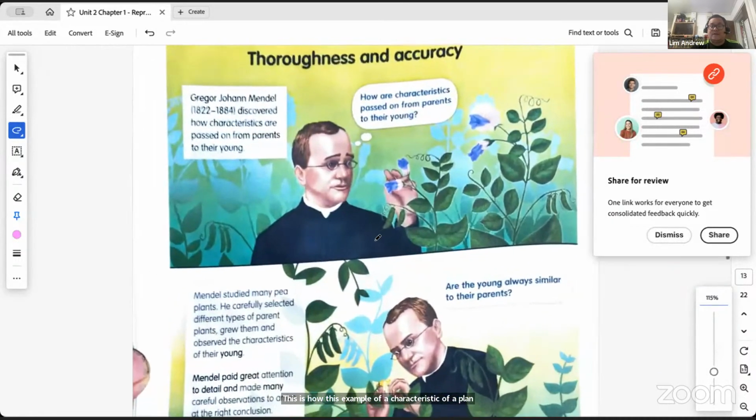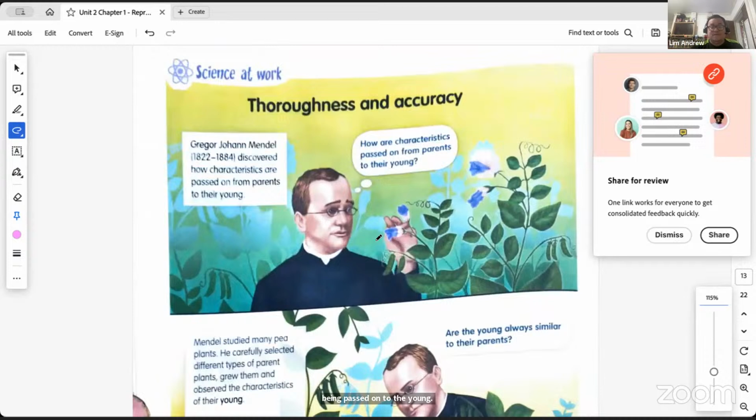Let's have some story time. We have this gentleman here called Mendel. He was born in 1822 and passed away in 1884. He is a scientist who discovered how characteristics are passed on from parents to their young.